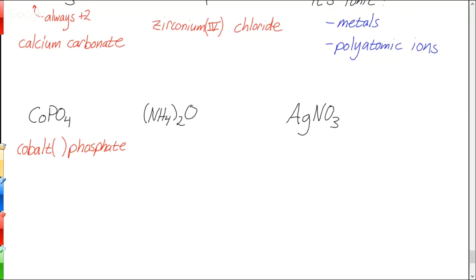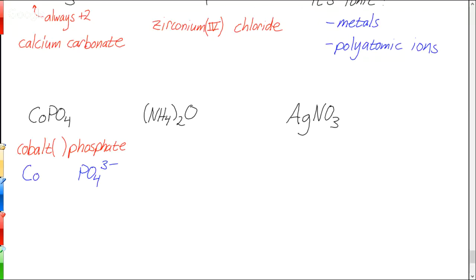To do that, we look at the charge on the anion, the part that we do know. So we look at phosphate and we say, okay, I know that phosphate always has the same charge of -3. And as we talked about last time, there's no way of figuring that out. That's just a thing that you have to know for the class, that that's a -3 ion. Once you know that, then you can look at the formula and say, well, the formula is made up of 1 Co and 1 PO4 ion, 1 cobalt ion and 1 phosphate ion.